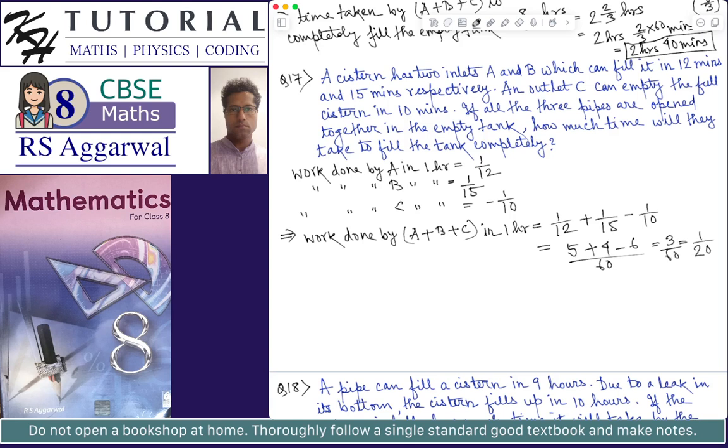So you can see that the work done per hour is positive by A plus B plus C, which means that 1 by 20th part of the tank is being filled in 1 hour when all these three taps are working together.